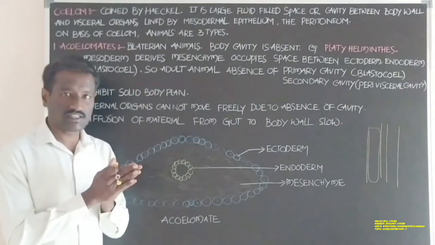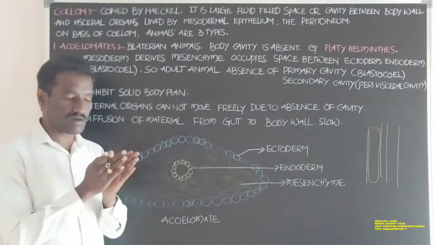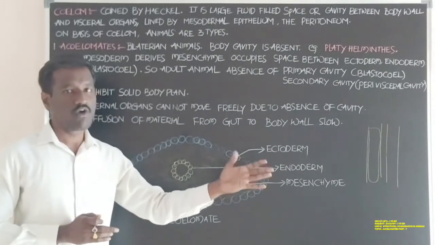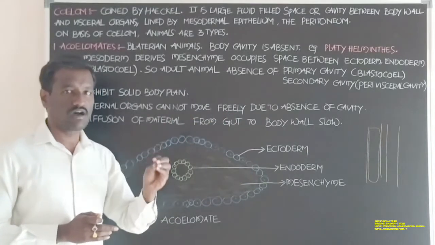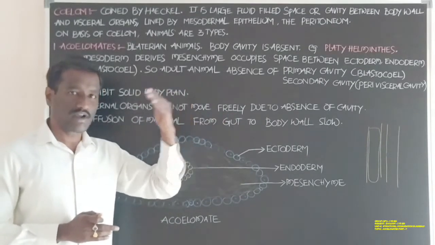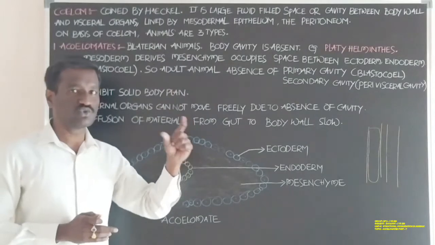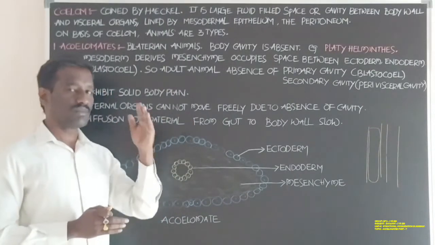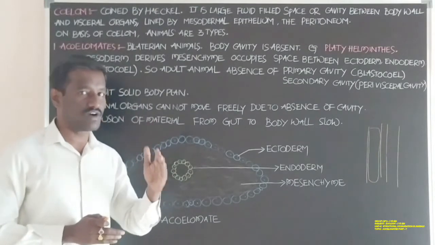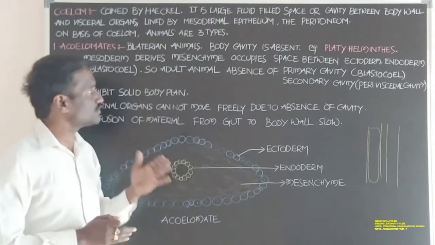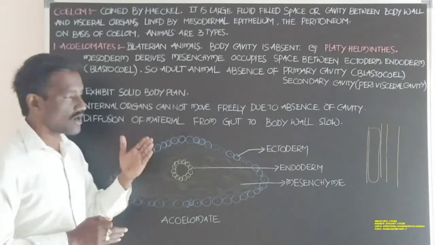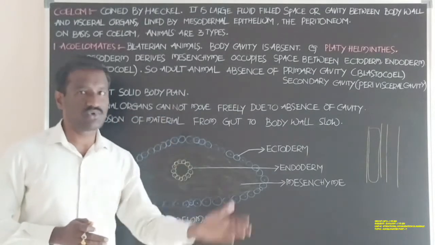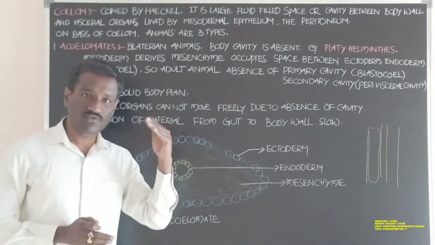Students, three germinal layers are formed during the embryonic development of the animal. These are ectoderm and endoderm, and between these two there is another layer, that is mesoderm. In these animals, mesoderm produces mesenchyme fluid.